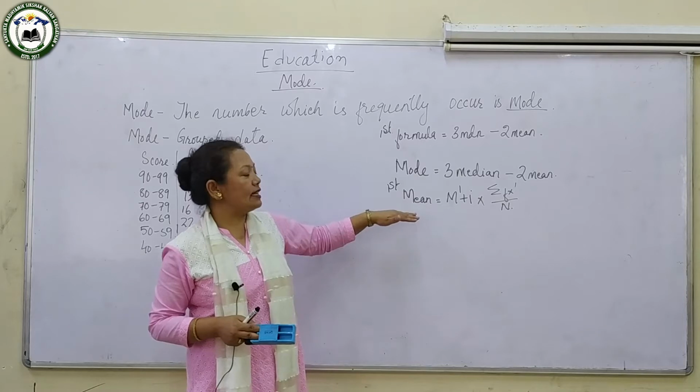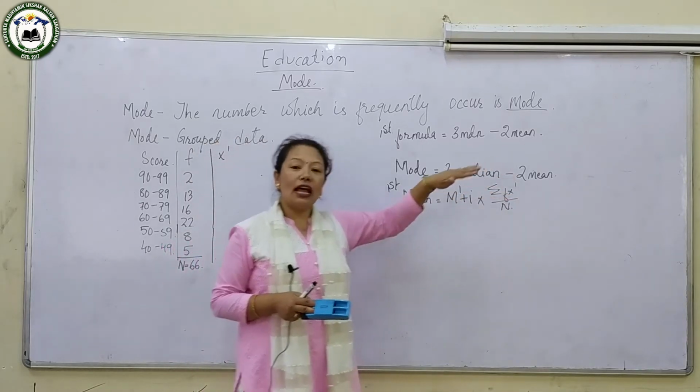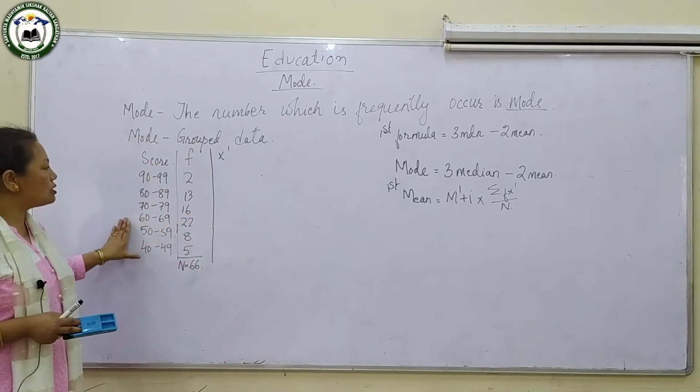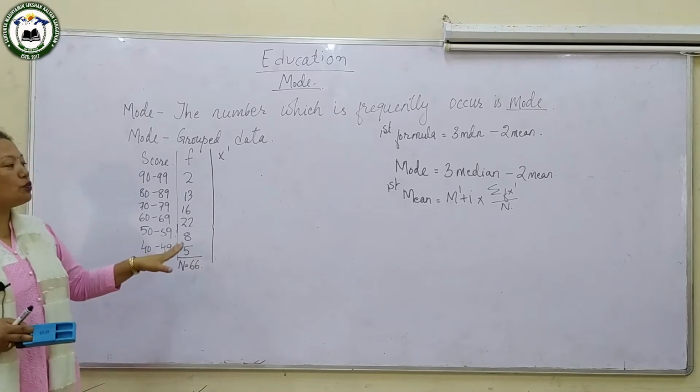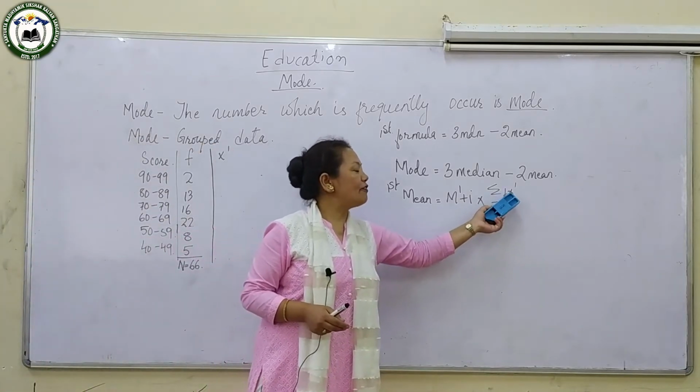First, we need to find the mean. Here we have scores and frequency, but we also need m dash, i and fx dash.